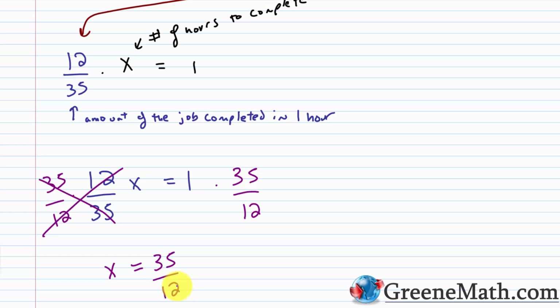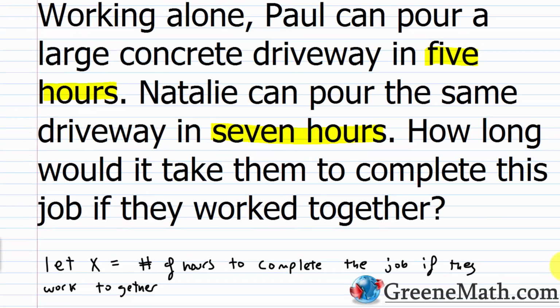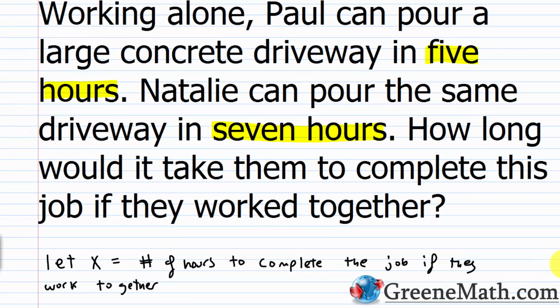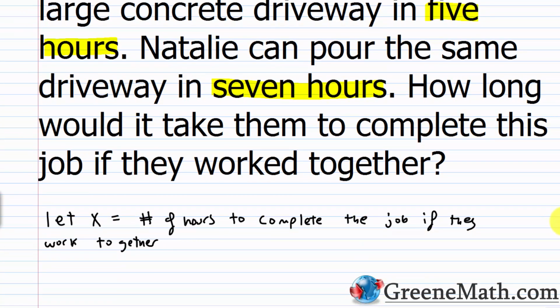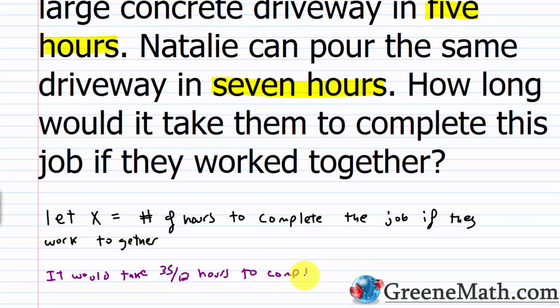Now, let's go back up to the top and make sense of this. So I'm just going to answer it first. So how long would it take for them to complete this job if they work together? It would take 35/12 hours to complete the job.